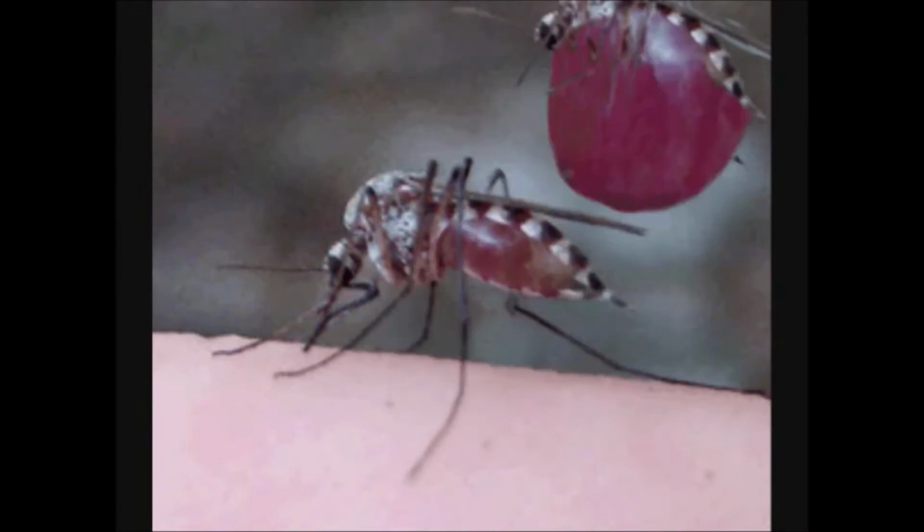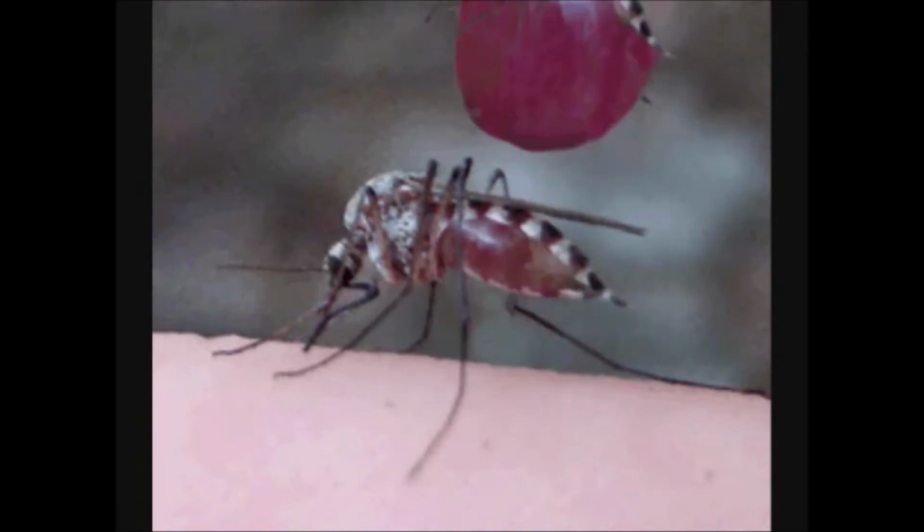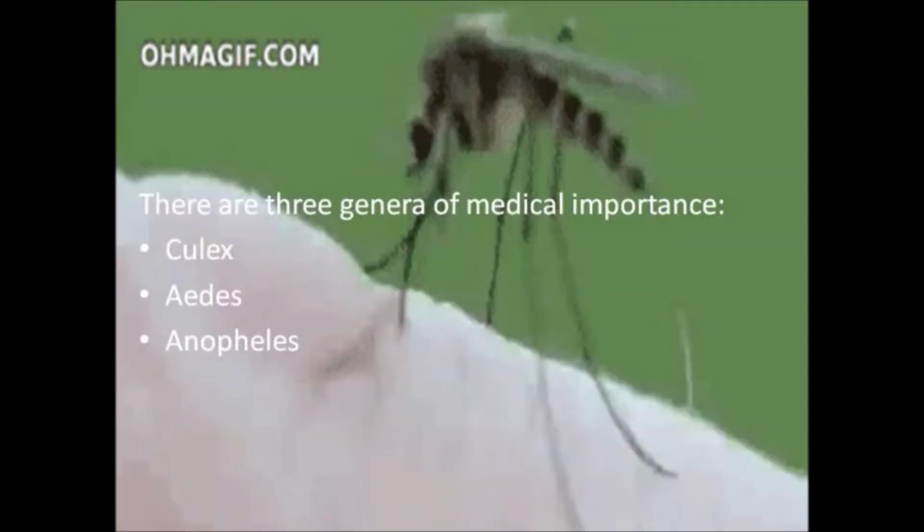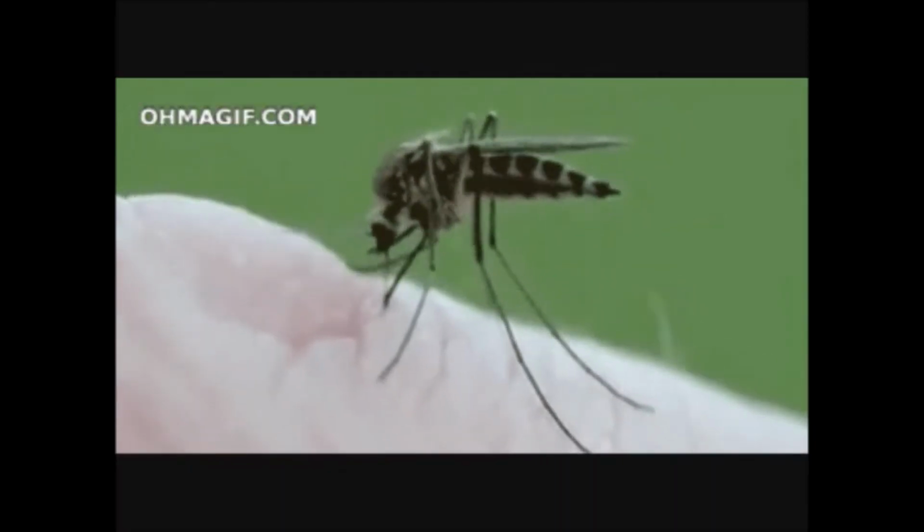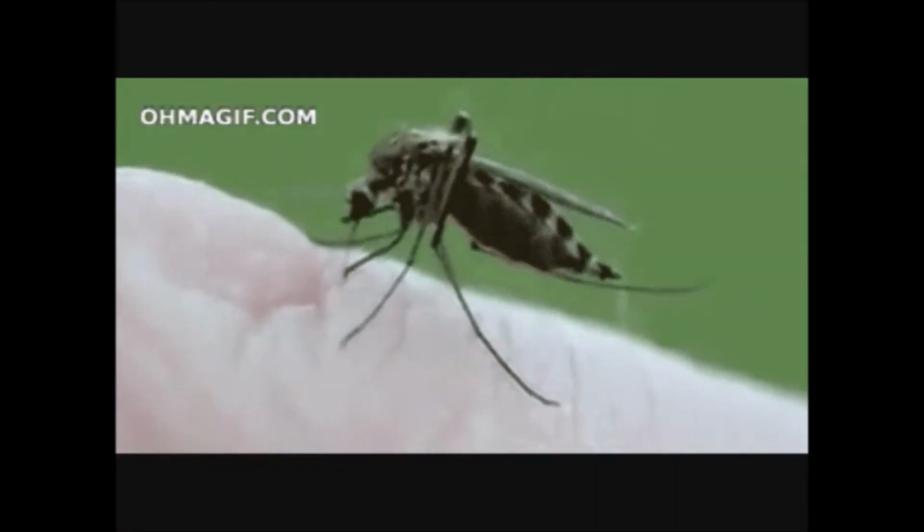The genus Aedes contains some of the worst pests. Many members of the genus Anopheles have the ability to transmit human malaria. There are 3 genera of medical importance also: Culex, Aedes and Anopheles.